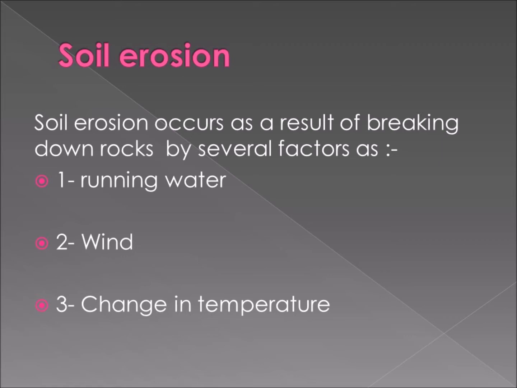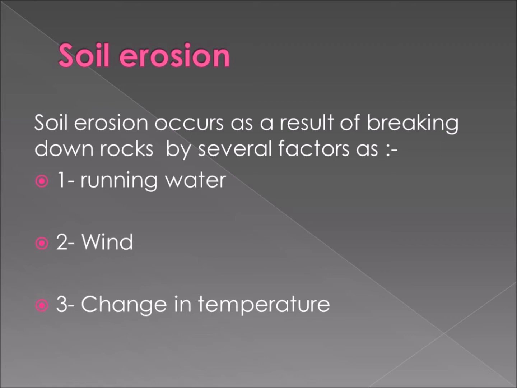So what are the factors that cause breaking down of rocks? Running water, wind, changing temperature. And what will happen if the rocks are broken down? This causes soil erosion. Okay, that's all for soil erosion.